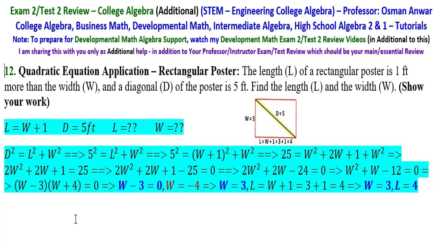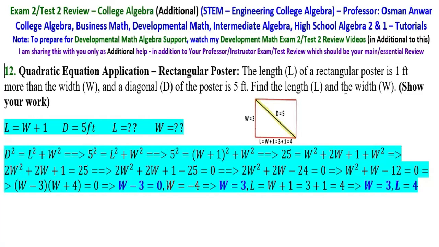Number 12 is an application word problem, quadratic equation application: rectangular poster. The length L of a rectangular poster is 1 foot more than the width W, and the diagonal D of the poster is 5.